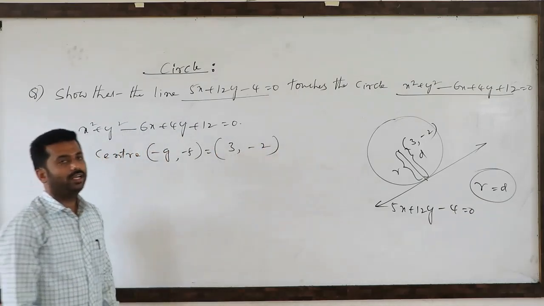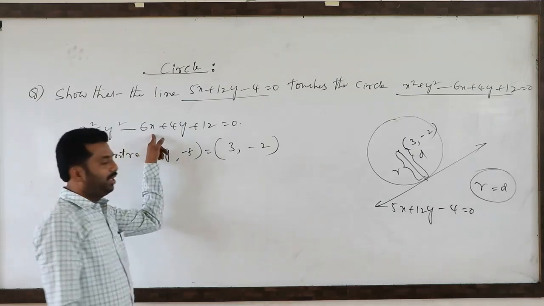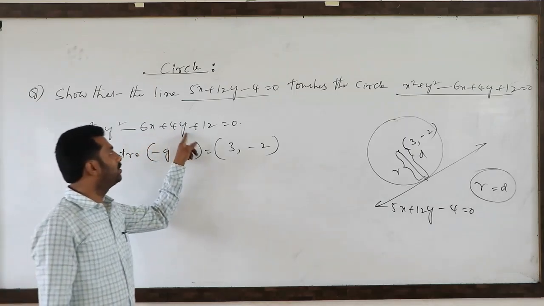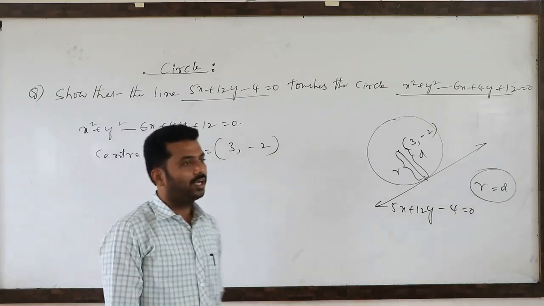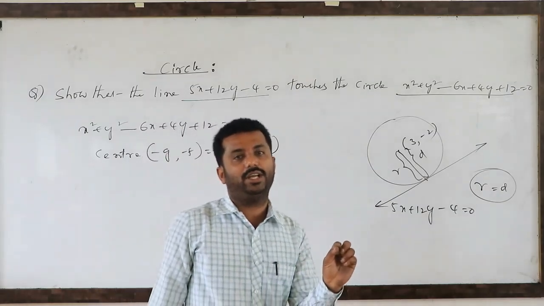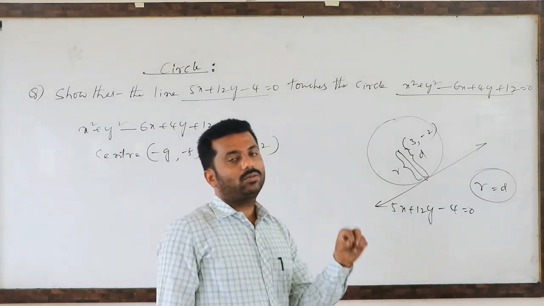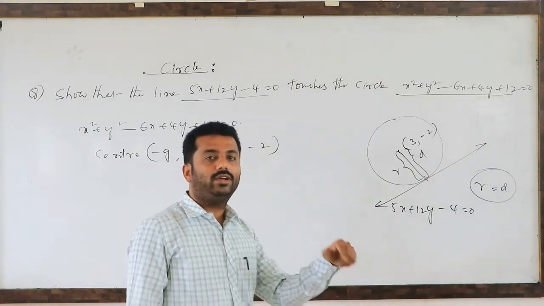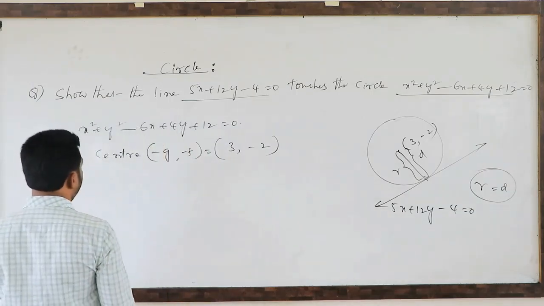I told you many times how to calculate directly: center is x coefficient divided by minus 2 comma y coefficient divided by minus 2. For the radius, it is the root of x coefficient by 2 whole square plus y coefficient by 2 whole square minus the constant term.